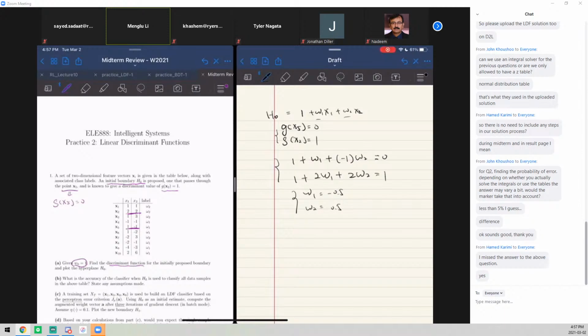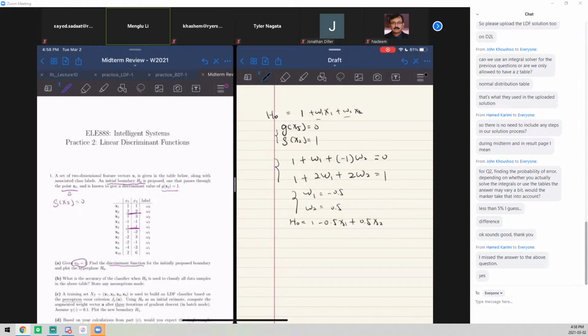So we will know the final g function is 1 minus 0.5x1 plus 0.5x2.